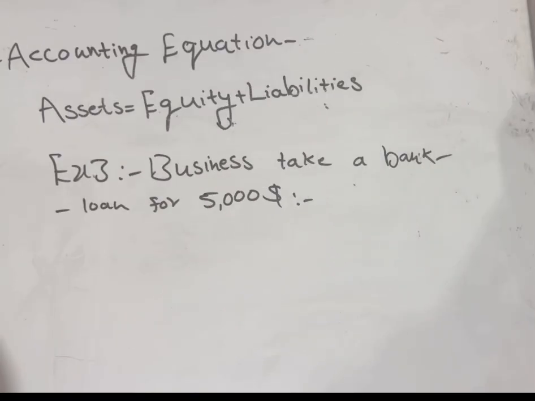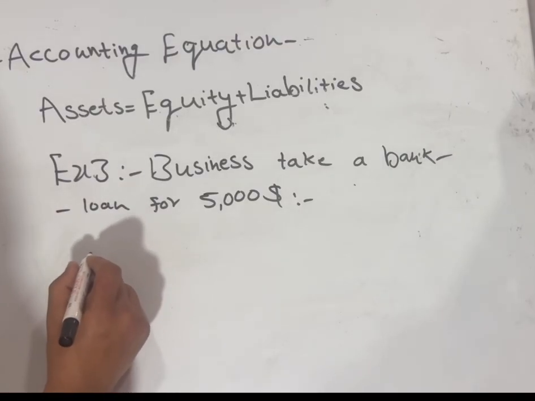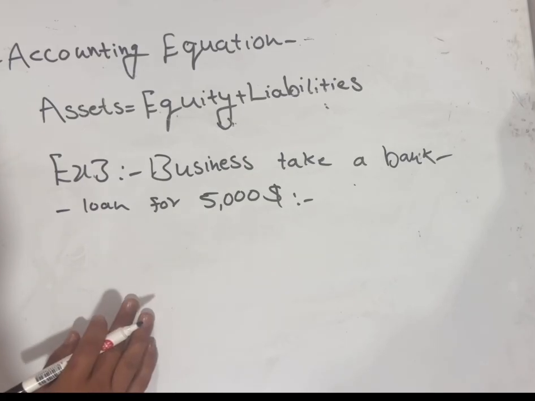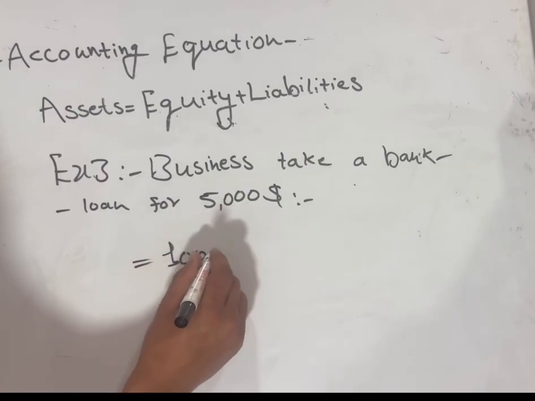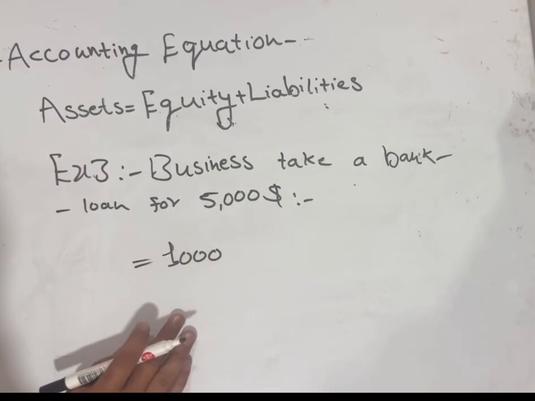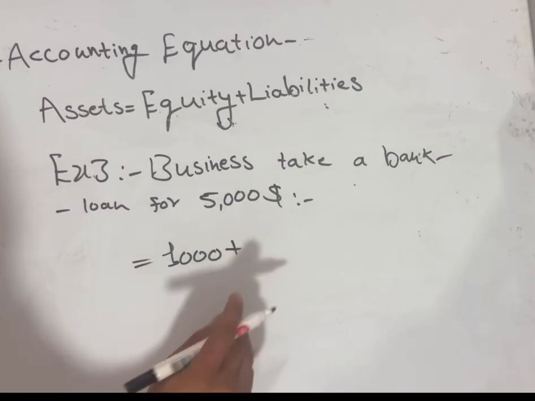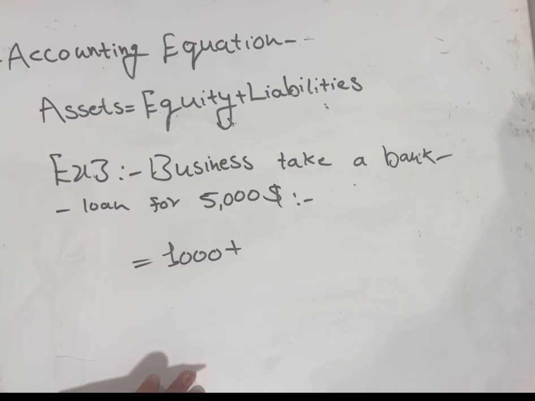For the next example, a business takes a bank loan for $5,000. So we had $1,000 cash and $1,000 owner's investment in the business. Right here, $1,000 owner's investment from the previous example, plus, we had zero borrowings or liabilities.